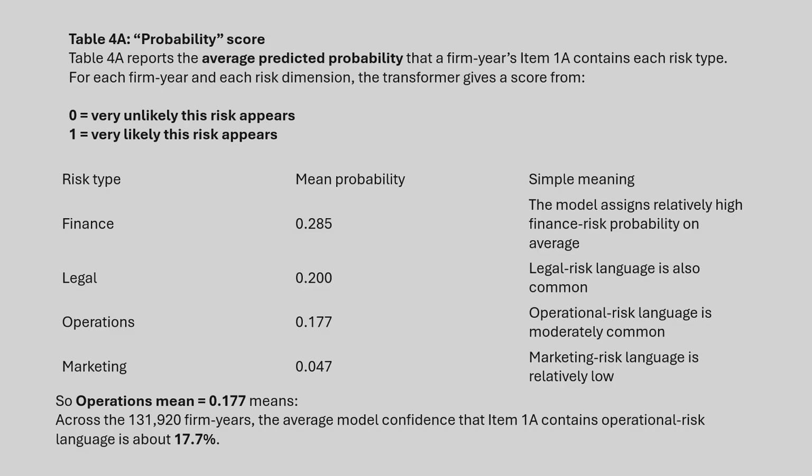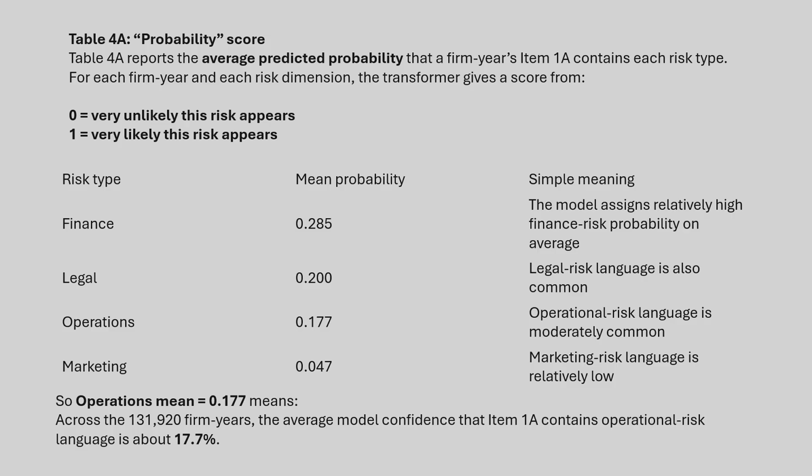So using the absolute probability might be more useful from my personal point of view. We can see the operational risk is only on average 0.177. So 1 means very likely, 0 means unlikely that this risk appears.